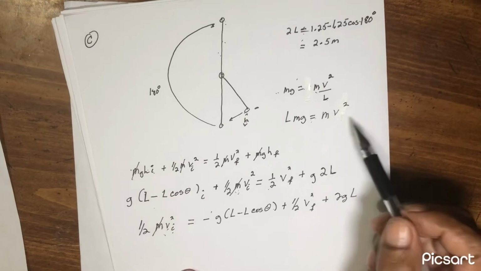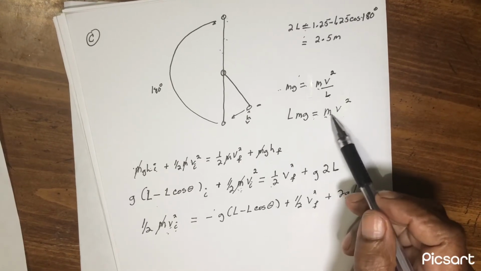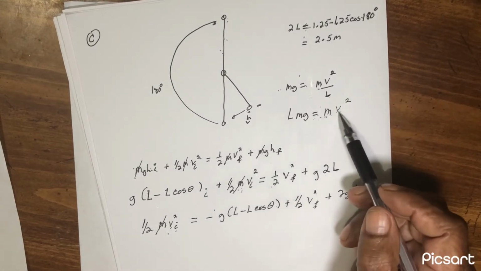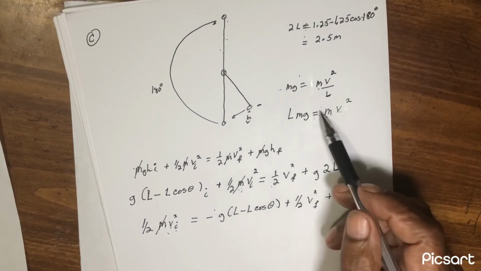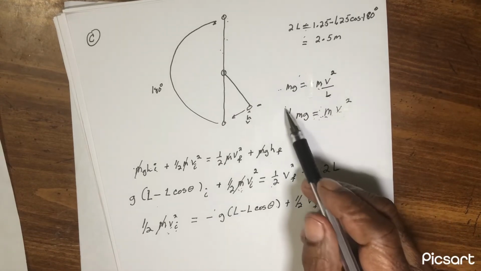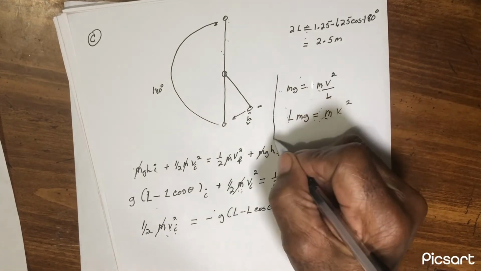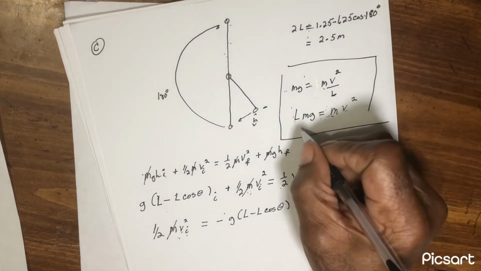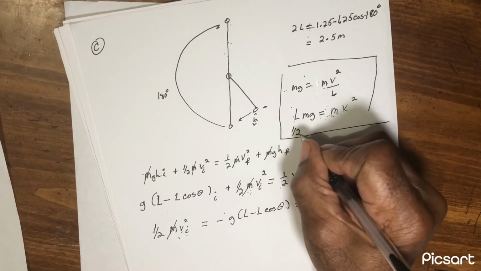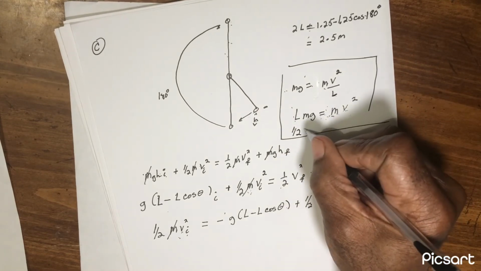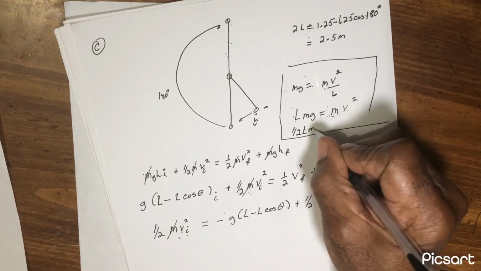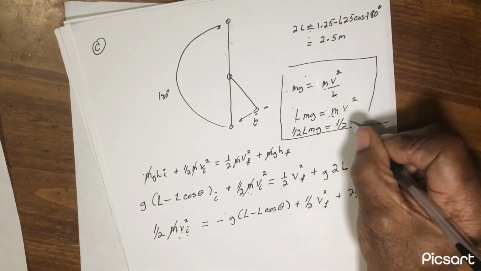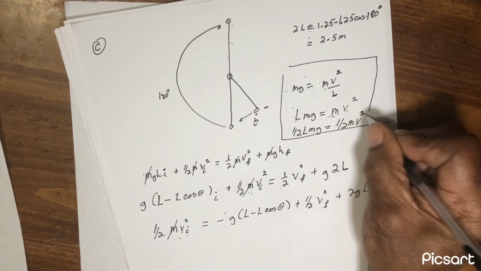So when you're looking at this, you see that if I put a 1/2 mv squared here, I'd have kinetic energy. Well, if I can put a 1/2 on this side, I can also put a 1/2 here. So let's just block this off. So 1/2 L mg is equal to 1/2 mv squared.